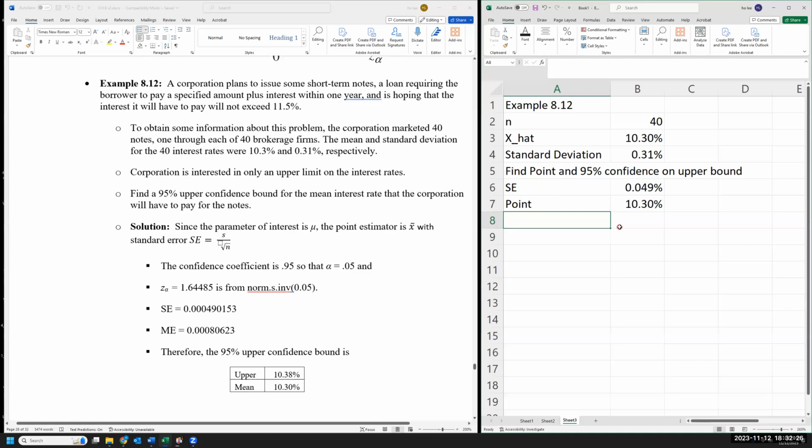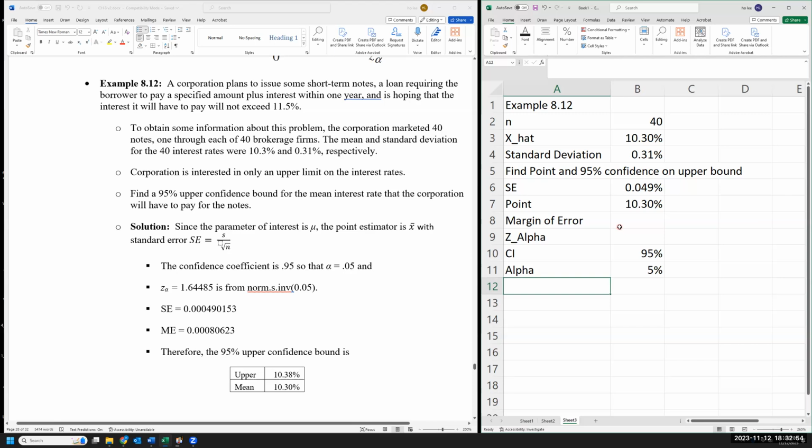And then we want to find the margin of error for an upper bound only. So we need to find z of alpha, not half an alpha, and the standard error, which I've already calculated. So confidence interval is 95%.